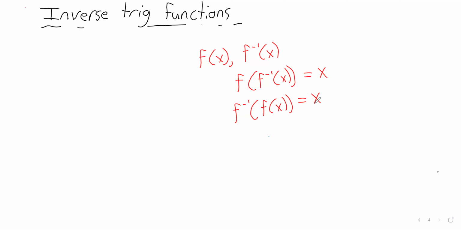The more useful day-to-day way of thinking about things is that functions and their inverses undo one another. Like in the real world, we can have a function that converts from Celsius to Fahrenheit, and a function that converts from Fahrenheit to Celsius.